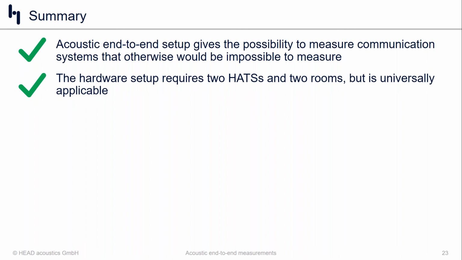And while there is a requirement for more test equipment in terms of test chambers and head and torsos, there is the benefit that we don't need complicated network simulation tools. And once we have that set up, it is universally applicable. Any 2 devices that can make phone calls, we can use in that system. It could be anything from push to talk to voice over IP to encrypted communications systems.